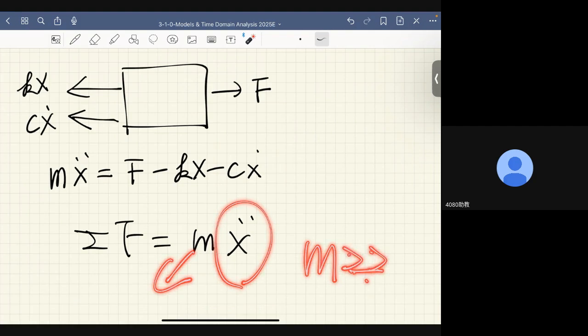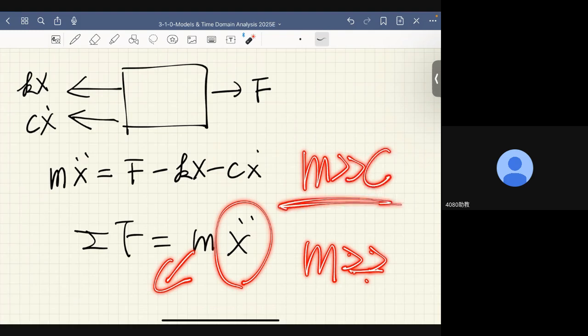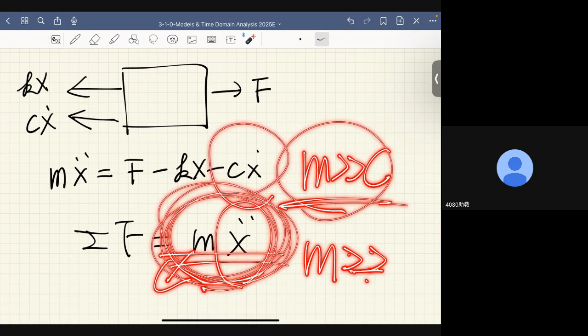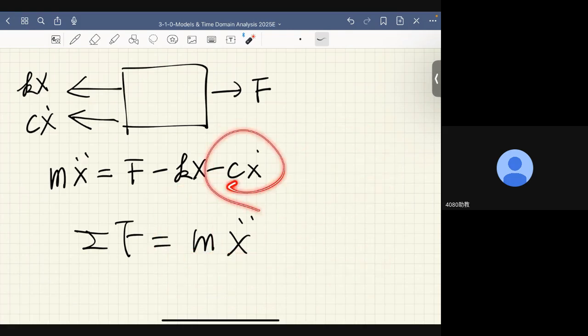Let's say m is considerably larger than c. Then these inertial terms will be much larger than the damping force and even make the damping force look small, appear to be negligible.